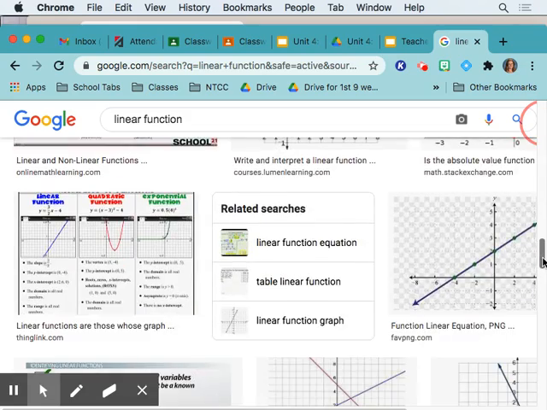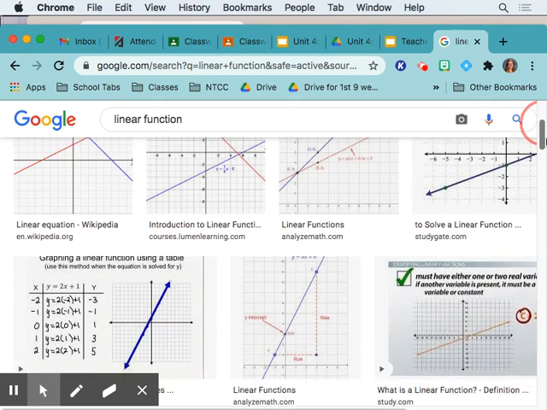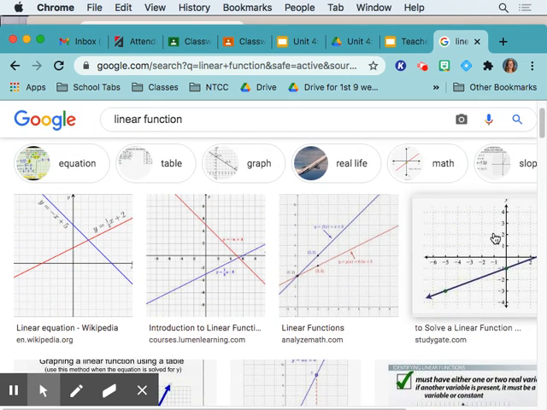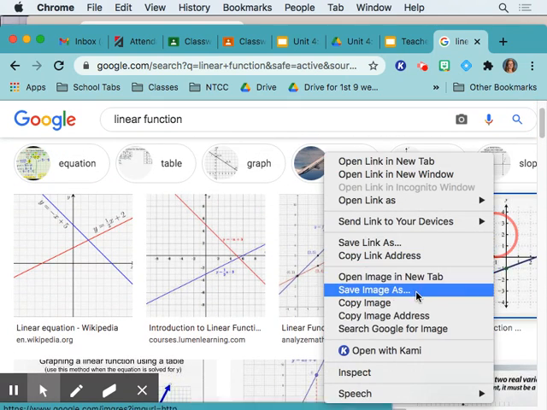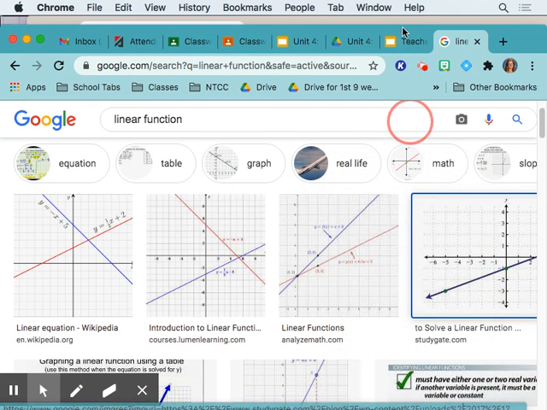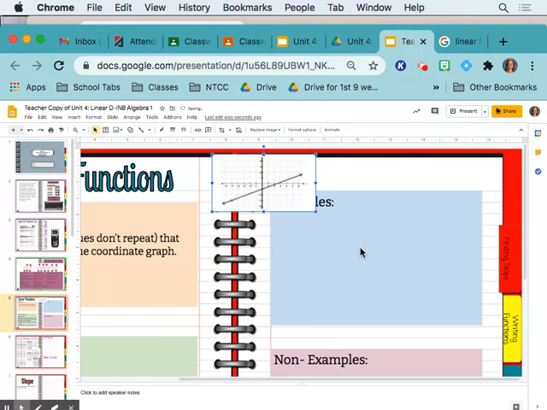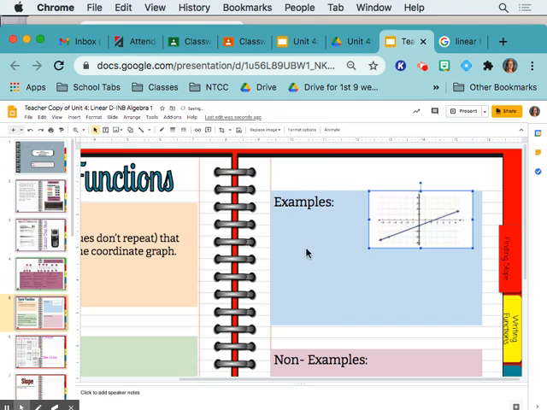So any one of these that is a straight line can be the image you use. So copy image and then paste it over here. So that's an example of a linear function.